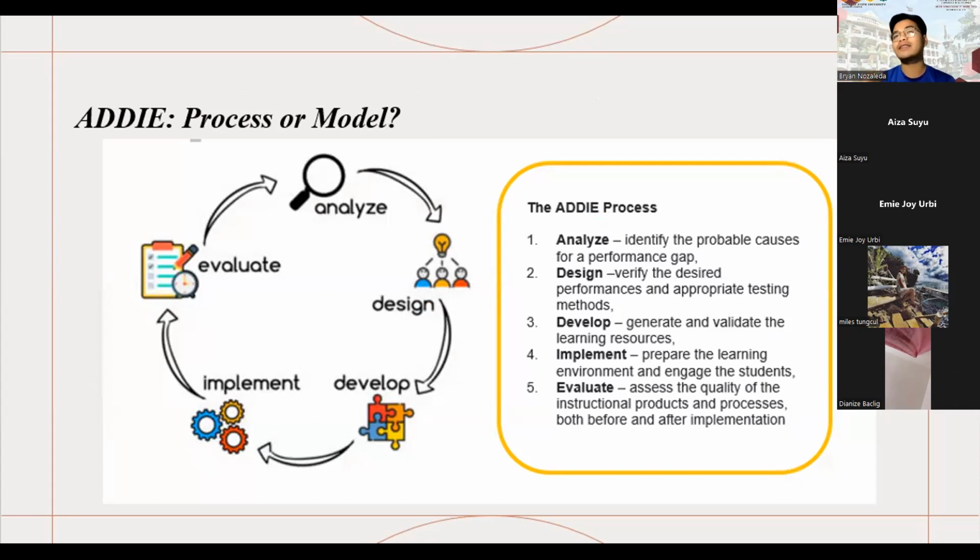So the ADDIE process starts with analysis. And when we talk about analysis, you have to identify the probable causes for a performance gap, followed by design, which is verifying the desired performances and appropriate testing methods, then develop, generate, and validate the learning resources, then implement, prepare the learning environment, and engage the students, and then evaluate, assess the quality of the instructional products and processes both before and after the implementation.